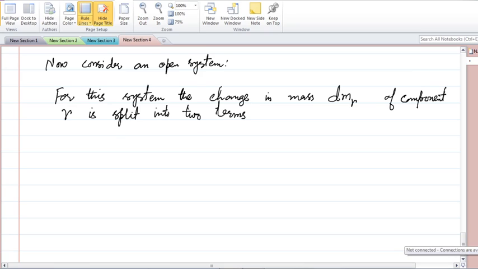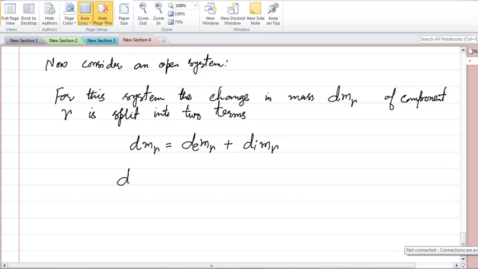We have already done for open systems that we can split these into two parts. One will be called d_e m gamma and the other will be called d_i m gamma.